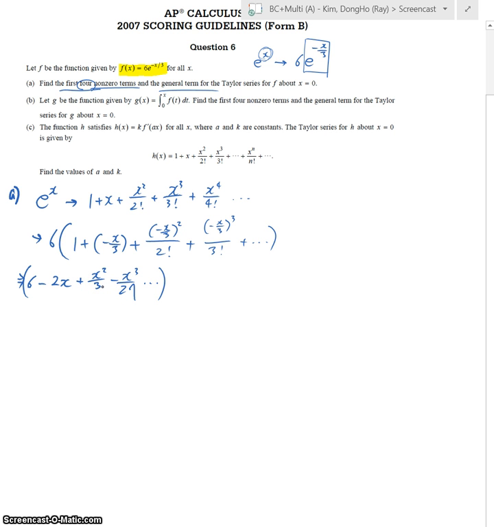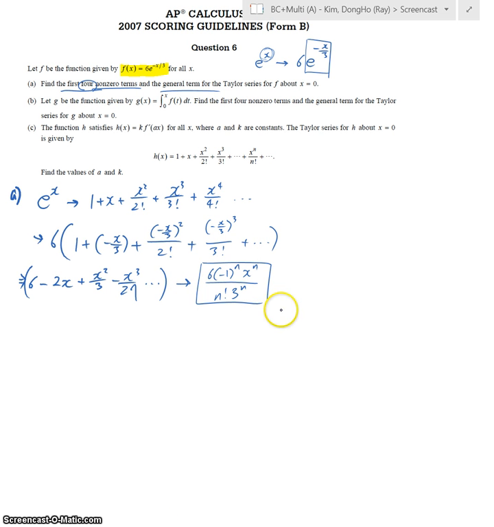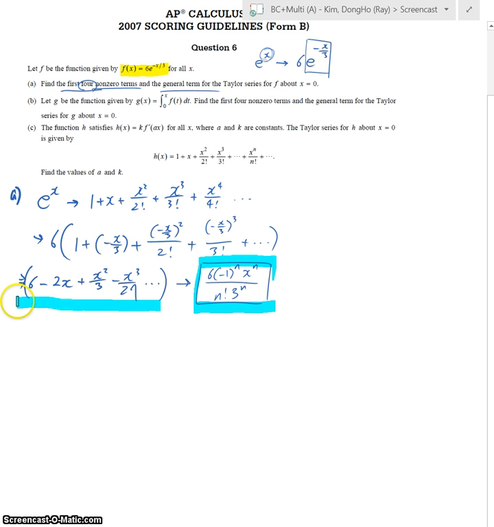If you work through it, you'll get something like this. So we've got the 4 non-zero terms here, 1, 2, 3, 4, and the general term for the Taylor series of f of x right here.